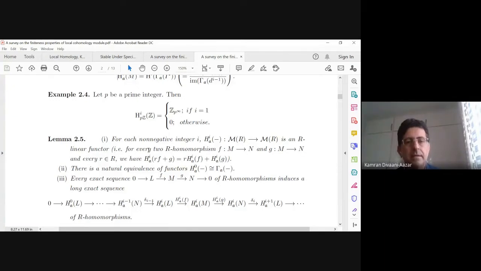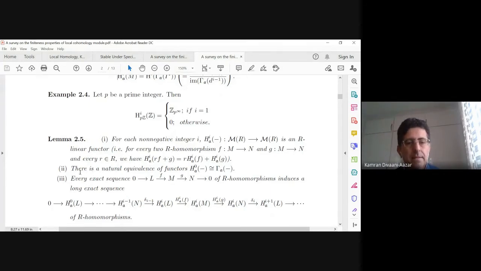It means that for any two R-homomorphisms f and g from M to N, and any scalar r in R, we have H^i_A of (rf plus g) is the same as r H^i f plus H^i g. This is the definition of R-linearity.